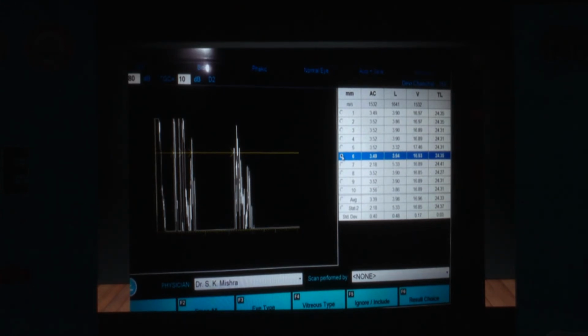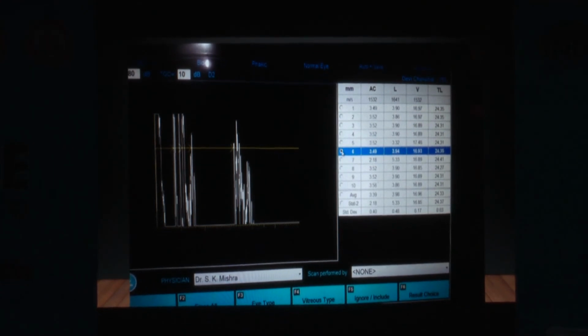You see here the cornea, anterior lens capsule, posterior lens capsule, and in between a tall spike is there. Look at the lens thickness. Anterior chamber depth is 3.49 and lens thickness is 3.94. For a mature intumescent cataract, you will never expect a lens thickness of 3.94.